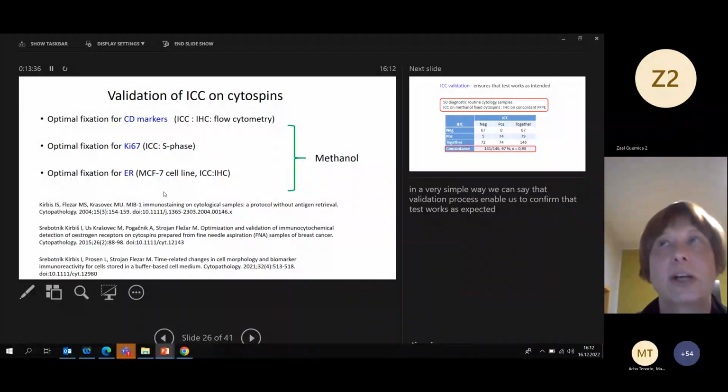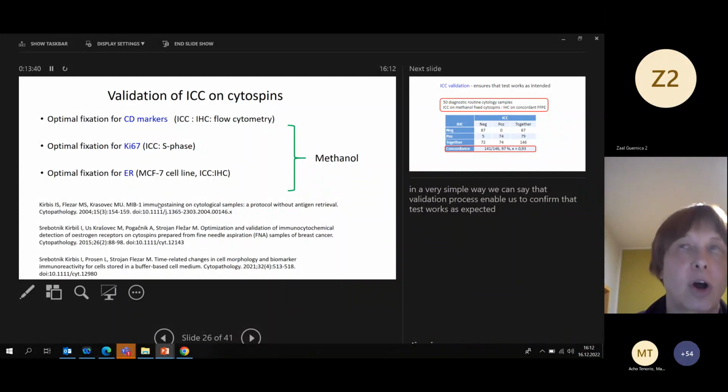And then we confirmed this combination of factors on ex vivo FNAB samples. And of course, we compared ICC results with corresponding tissue samples. And all these studies were already published.